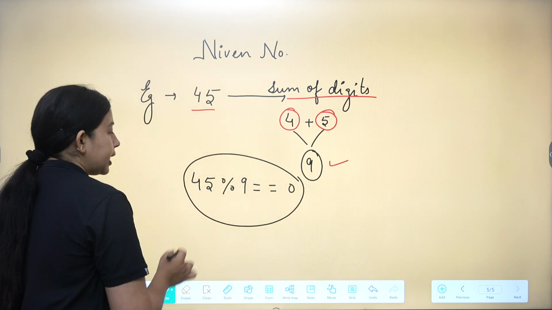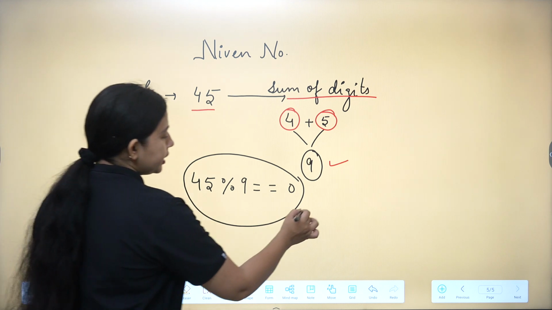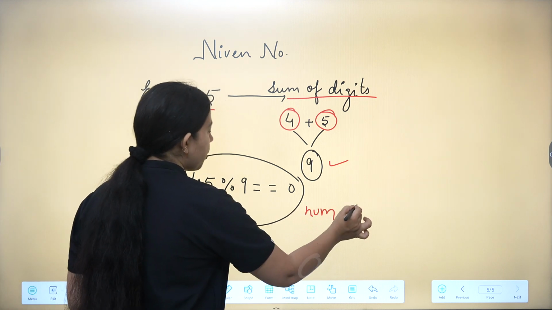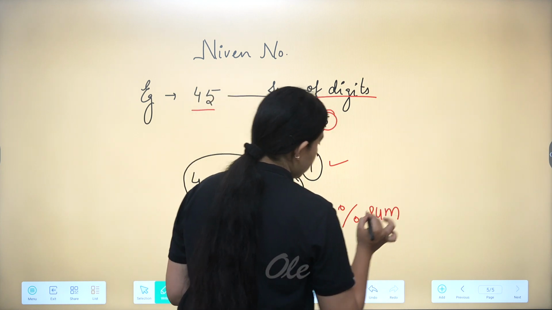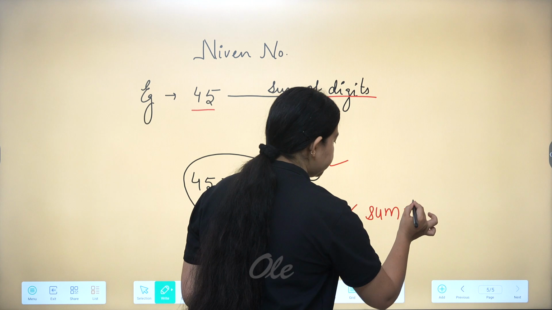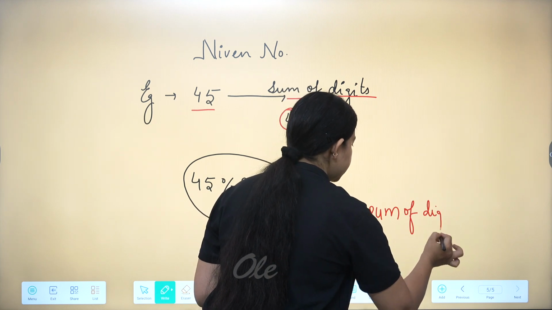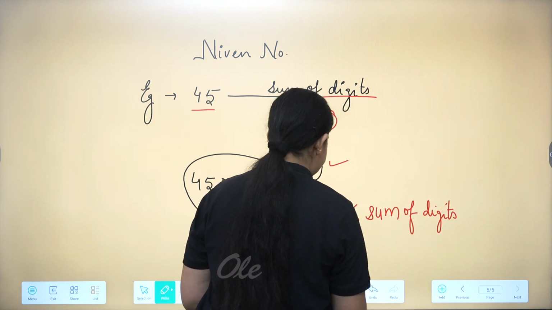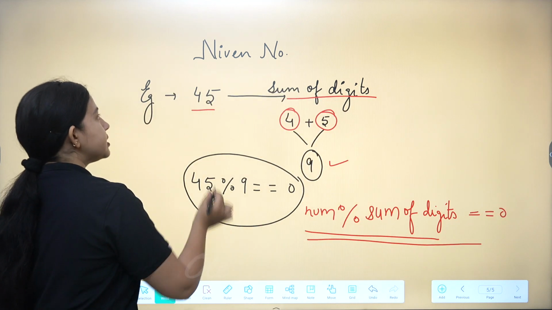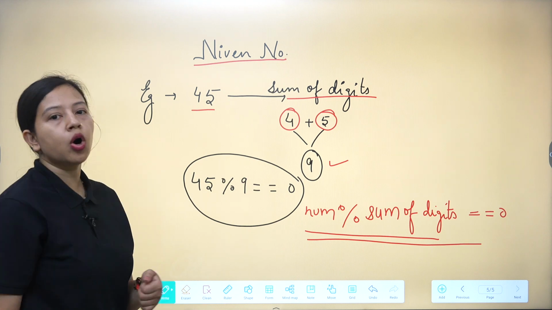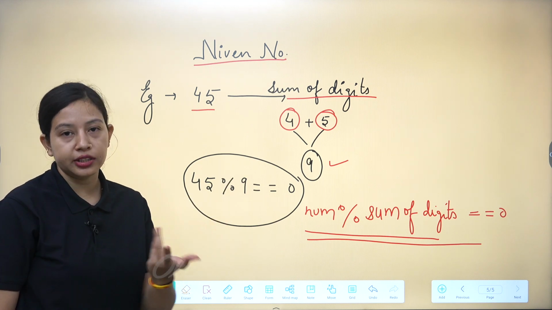The concept is that the number has to be properly divisible by the sum of its digits. If it gives you the remainder 0, then only is it said to be a Niven number, also known as a Harshad number.